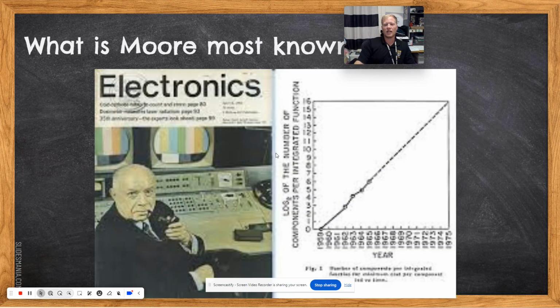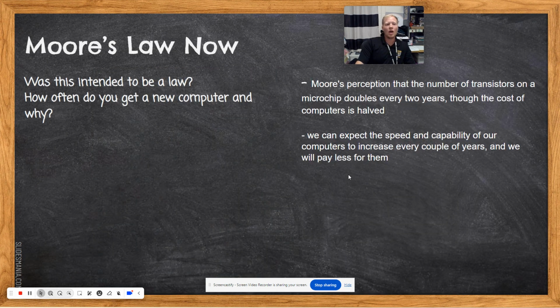Originally, when he stated it, he said every year the number of transistors on a circuit would double. But as things got more complicated, he said every 2 years, not just every one.